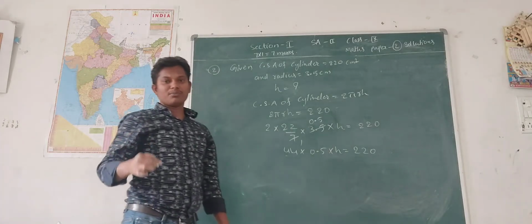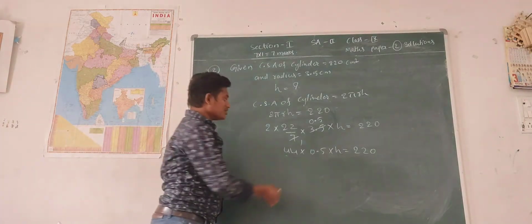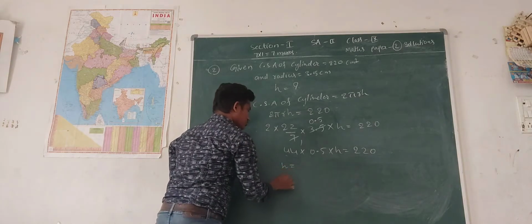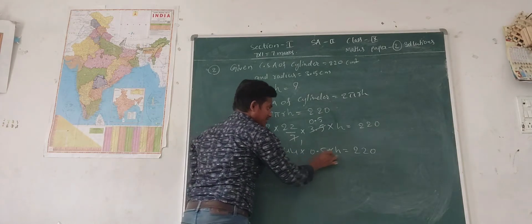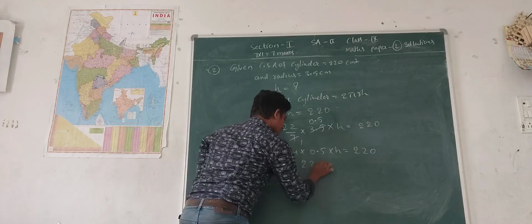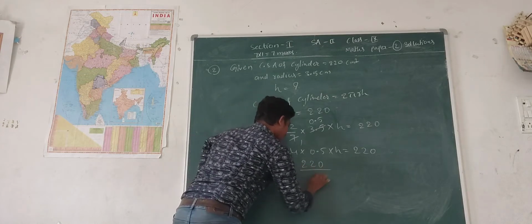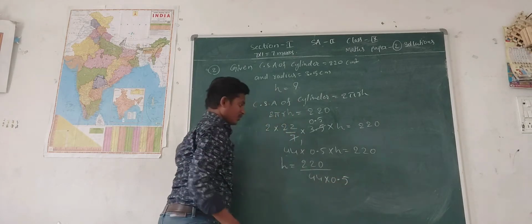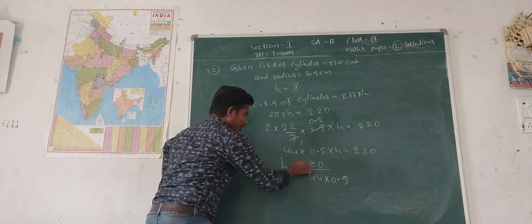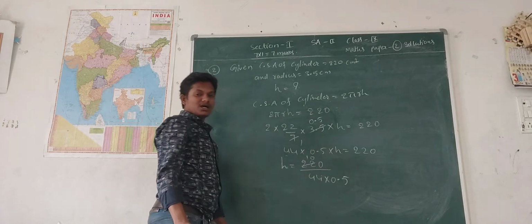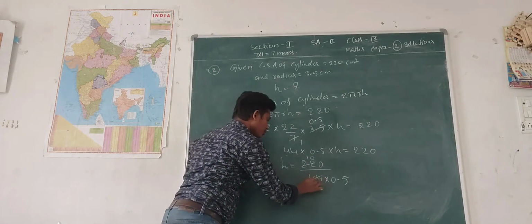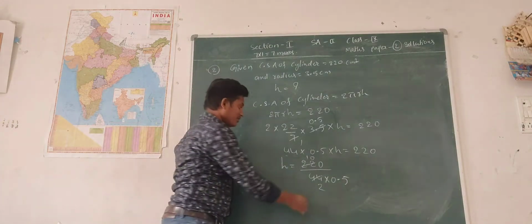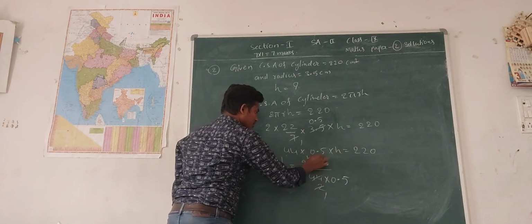We need height of the cylinder now. So I am taking these two terms that side. Then this becomes h equals to, these are multiplying this side, then taking that side, then this becomes dividing. Okay, 44 into 0.5. So 44 means 22 1 are 22, 22 2 are 44. Then 2 1 are 2, 2 5 are 10.